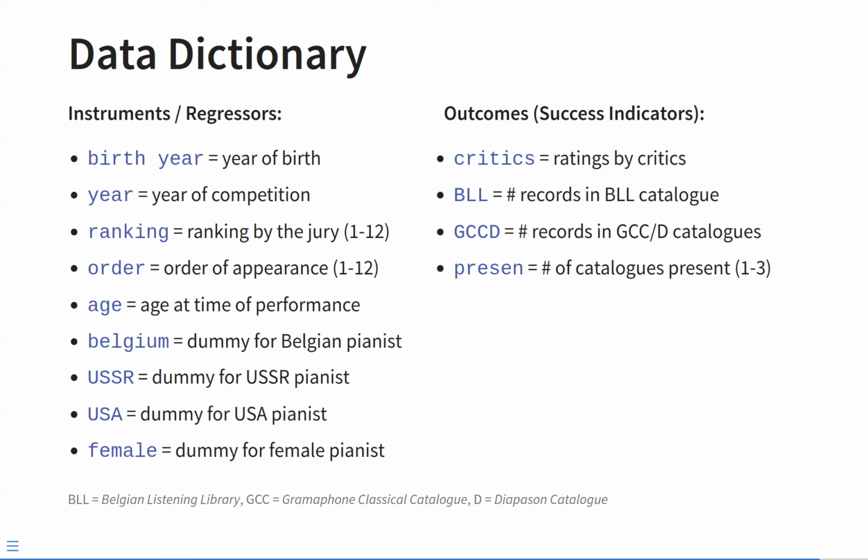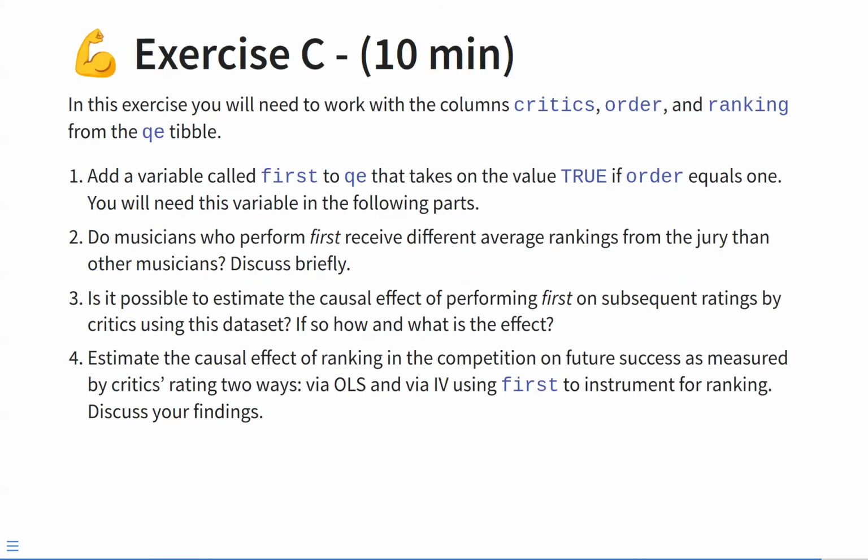But at one point, these were big sources for learning about the classical music albums that were available. And then present is the number of catalogs in which this particular person is present. So these are measures of their later success: how critics view them, how many records they made, and how many catalogs those records are available in.